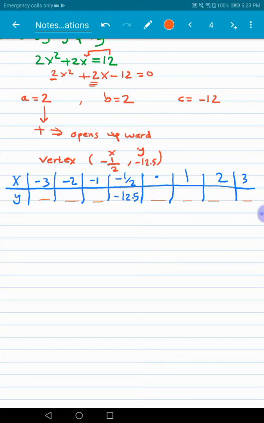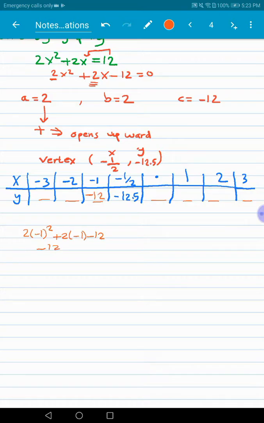Replace the minus 1 in the equation. 2 times minus 1 squared plus 2 times minus 1 minus 12. Simplify it, you will get minus 12. So minus 1 and minus 12.